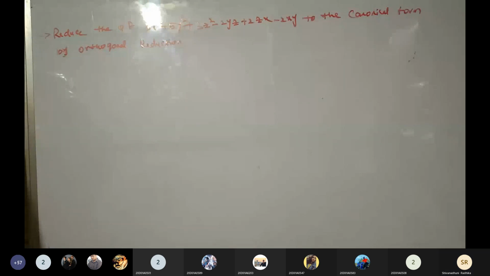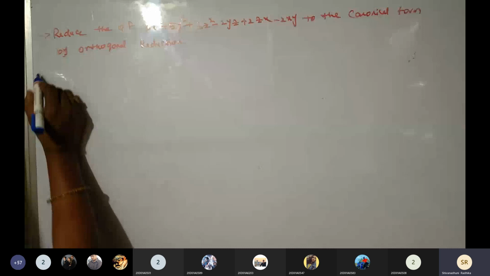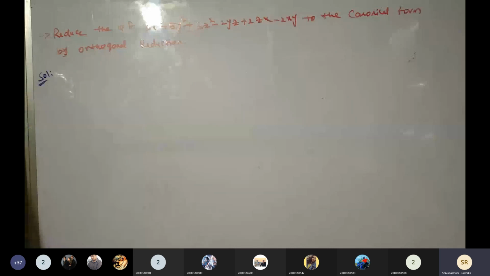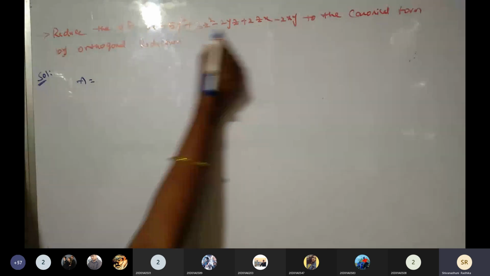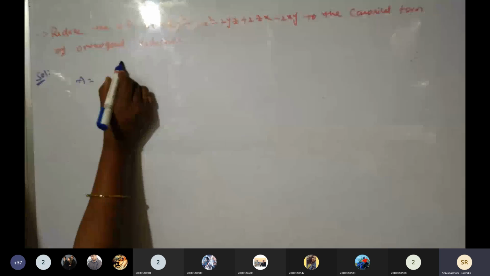Yes, ma'am. Now go for the solution. The first point: we need to write the matrix of the given one. Capital A equals, how many variables are there? 3 variables x, y, z.